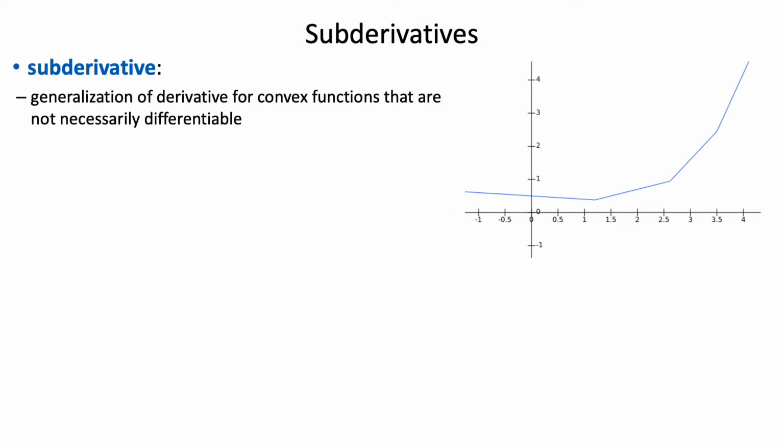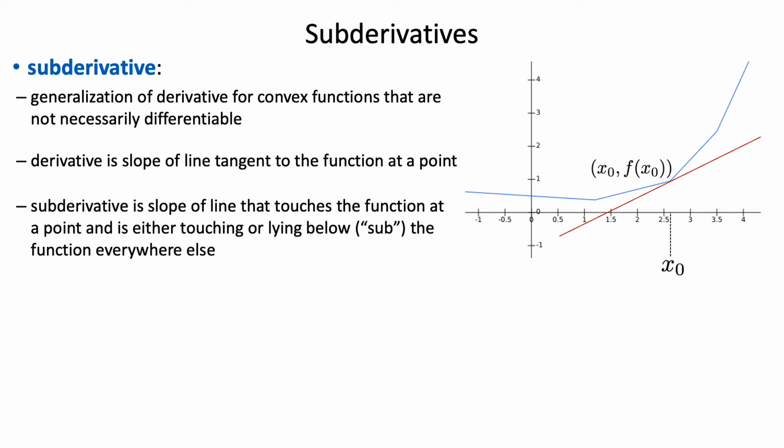A subderivative is a generalization of a derivative for convex functions that may not be differentiable. While the derivative is the slope of the line tangent to the function at a point, a subderivative is the slope of a line that touches the function at a point and is either touching or below the function everywhere else. There can be multiple subderivatives at a point.